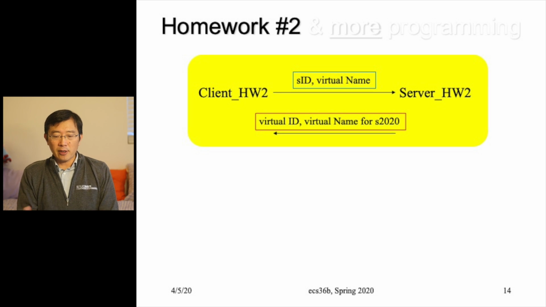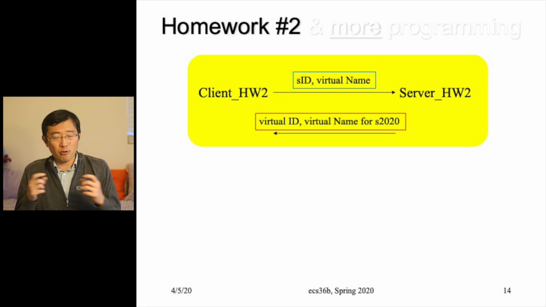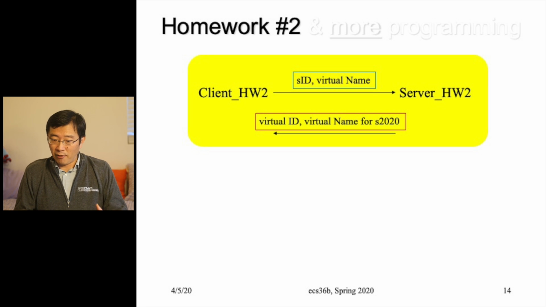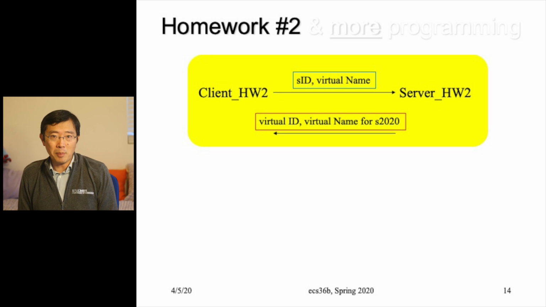And then the server is going to get back to you with 2 things. One is called a virtual ID. The virtual ID is a string of numbers. It's like your student ID, but it's not your student ID. The virtual ID is going to be a random number we generate, and you're going to use that number subsequently for every single class activity within ECF 36B this quarter.